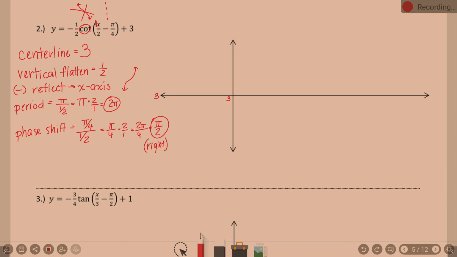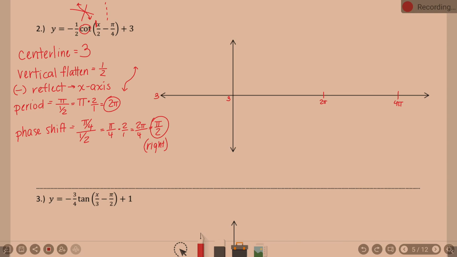Which means, okay, I'm going to go out here and I'm going to label 2 pi. Keep in mind, I only used half the graph because 2 pi is 1 cycle. How far do I want us to go? 2 cycles, so I'm also going to go ahead and label 4 pi.